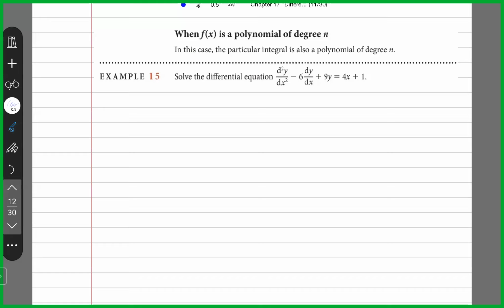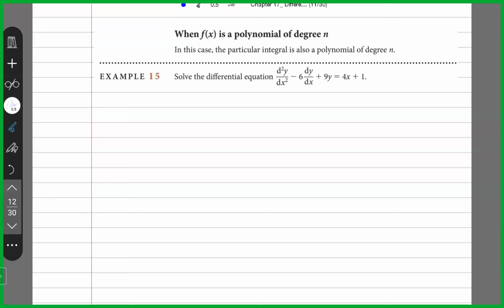Example 15 says solve the differential equation d2y by dx squared minus 6 dy by dx plus 9y is equal to 4x plus 1. Now this is a non-homogeneous second order differential equation.